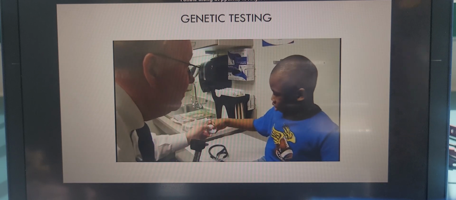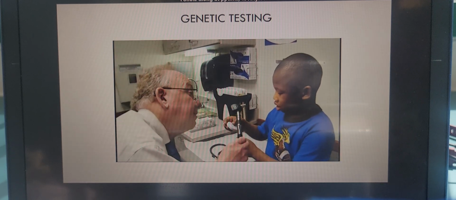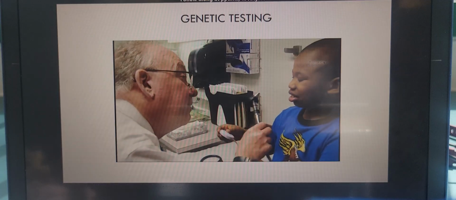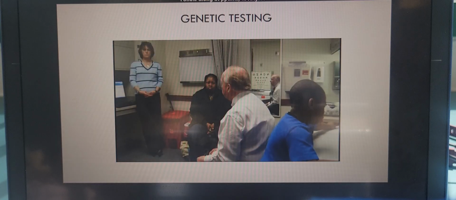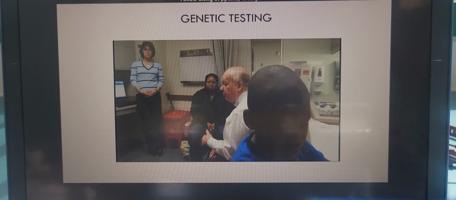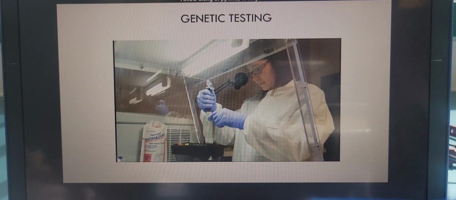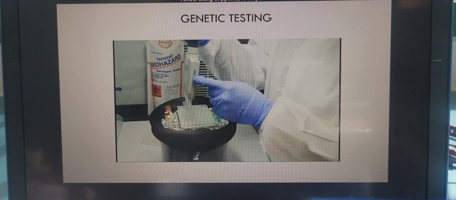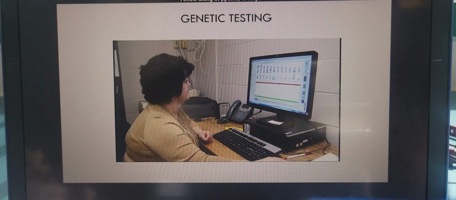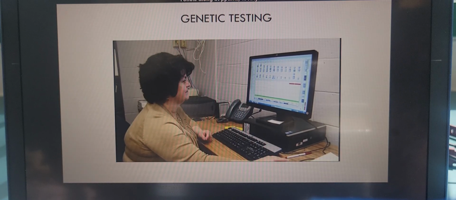We would interview them, get a very detailed history of what was going on with them medically. If we felt that they needed testing, the most common process is to obtain blood. Blood work that's done helps us determine if there's an identifiable genetic abnormality. The diagnosis of autism is typically made by age 3.